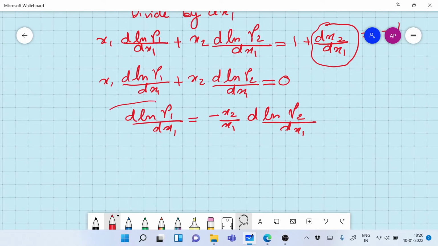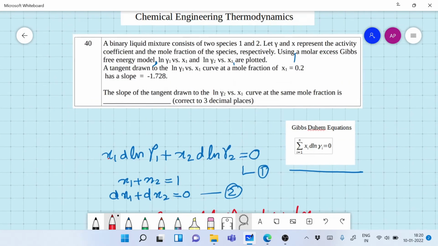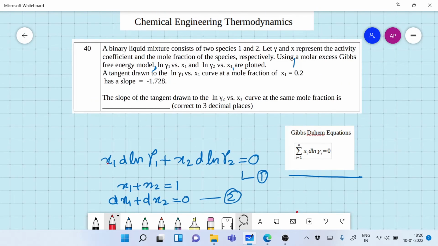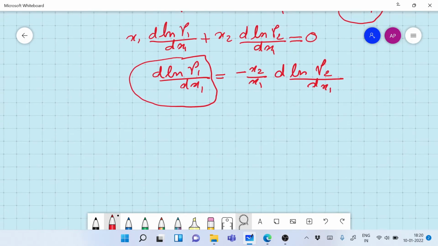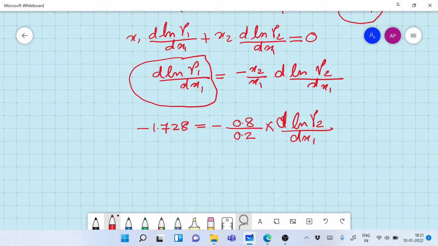Now the value of d ln gamma 1 by dx1 is known, and this is given as minus 1.728. So we have minus 1.728 is equal to minus x2 is 0.8, x1 is 0.2, into d ln gamma 2 by dx1.